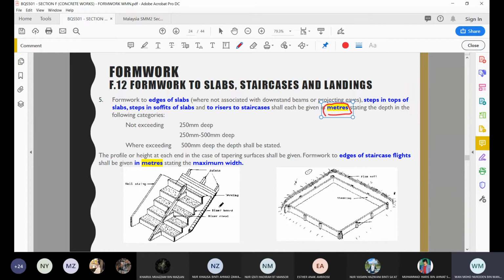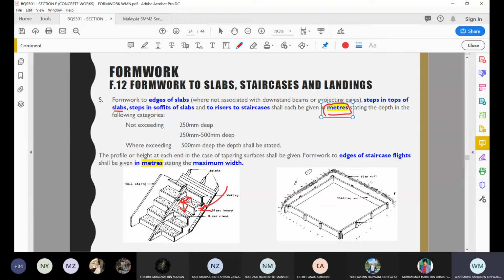Kawasan tangga kan? Kawasan tangga contohnya macam kat tepi ni, edges of slab lah. Jadi lagi sekali, formwork to edges of slab where not associated with downstand beam, or projecting if step in tops of slab, maksudnya kat atas ni, for example, top kan, step in soffit of slab, and rises to staircase, shall each be given in meters, setting the depth in the following categories.